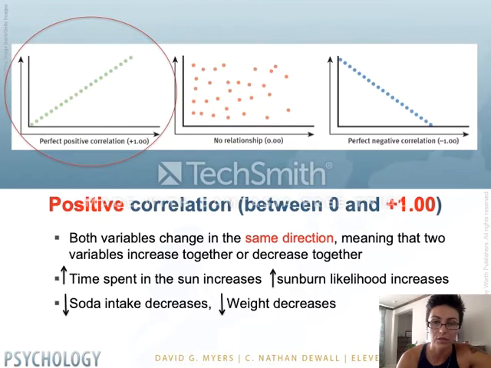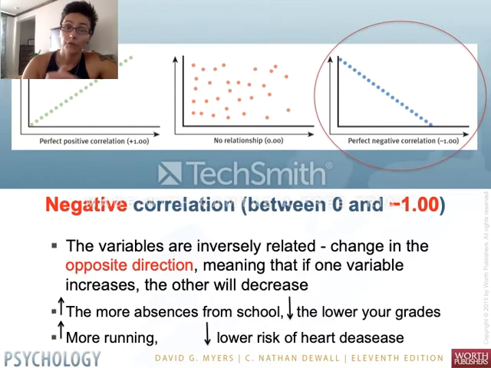All right? Now, very similarly, we are going to detach ourselves from the emotional meaning of the word negative. We can have a perfect negative correlation that we want, that it's amazing, that it's good for our science. The word negative simply means that the variables that we have found are related are going to be changing in opposite directions.